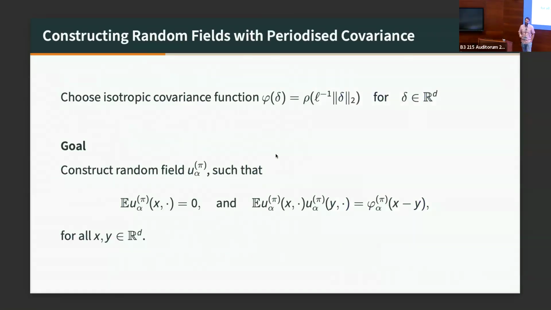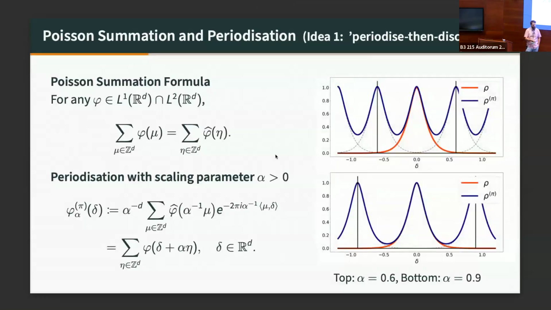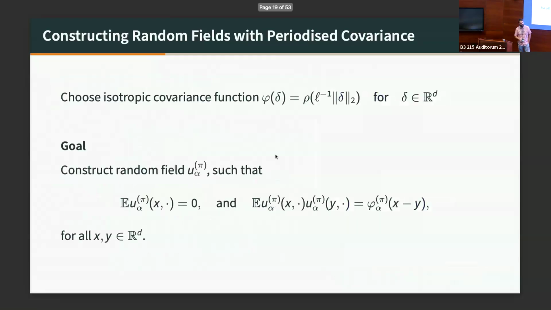So as I said, let's stick with isotropic covariances. And certainly for the first part of my talk, which is Fourier-based, I'm going to only stick to these isotropic covariances. So our goal is now to construct our random fields based on this approximate periodized covariance function. So instead of phi, I use this periodized one with some parameter alpha in it.